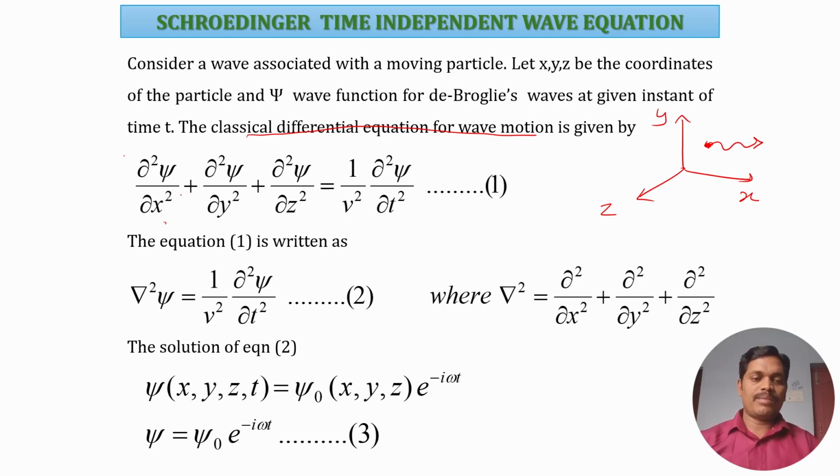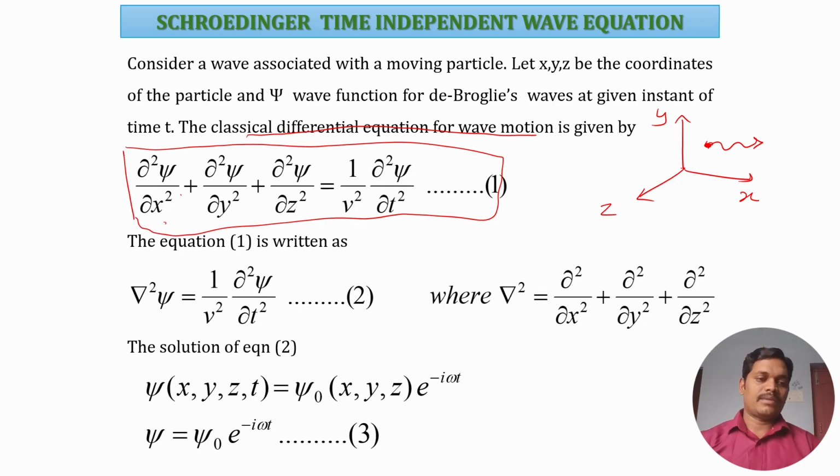This is a very important equation, and we could say this is the classical differential equation where psi is the wave function for a particle which undergoes motion, x, y, z are the coordinates, v is the wave velocity and t is the time taken. So these are the important terms we have to understand. Then it is very easy to proceed further.